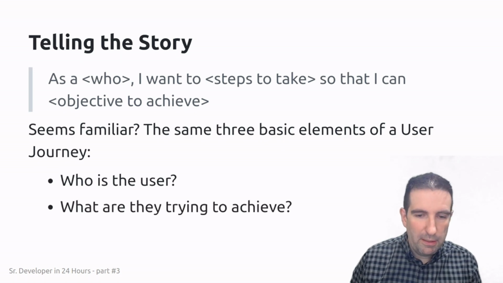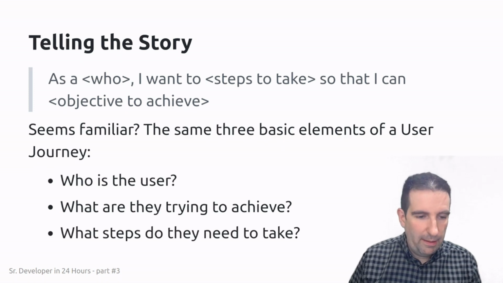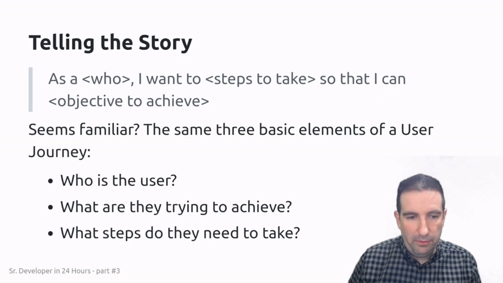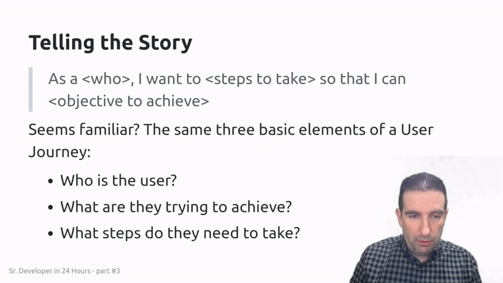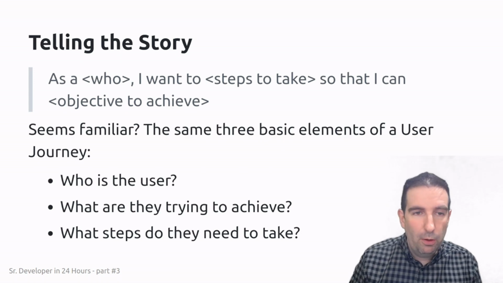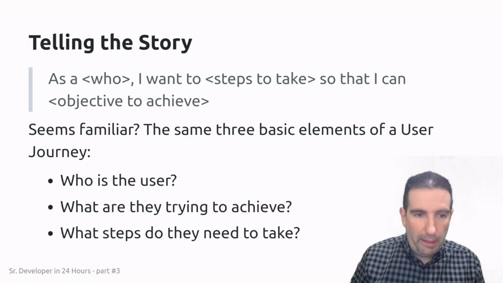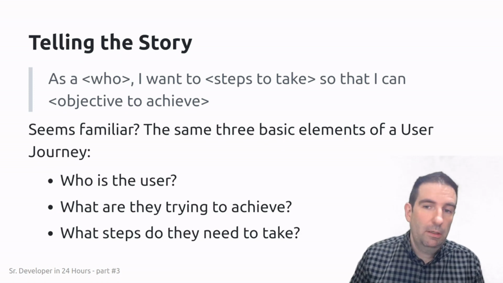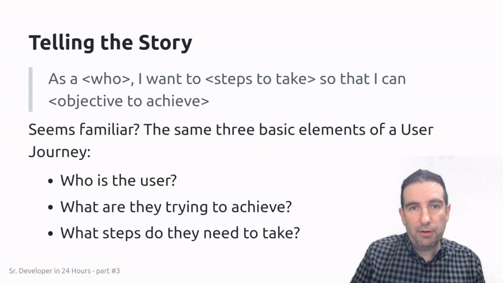What are they trying to achieve? And what are the steps that they need to take to be able to achieve this objective? So as part of the ticket, you're going to have a lot more data, but we always want to be able to tell this story. I am a user. I want to take a certain set of steps so that I can achieve a particular goal.